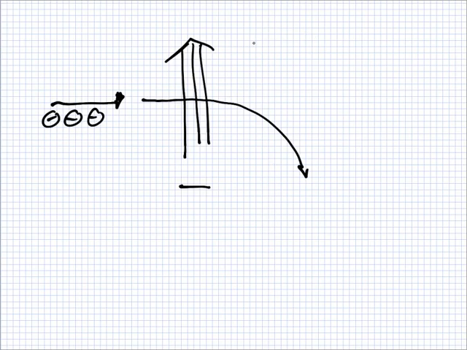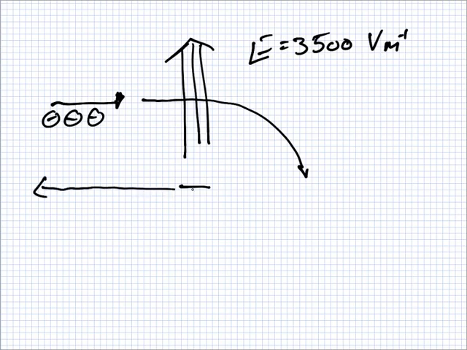Now they give you the electric field strength is 3500 volts per meter, and they want to know what is the vertical deflection of the electron beam when it travels a horizontal distance of 0.15. So they're telling you that this distance here is 0.15 meters, and they want to know what is this distance here. We'll call it H.